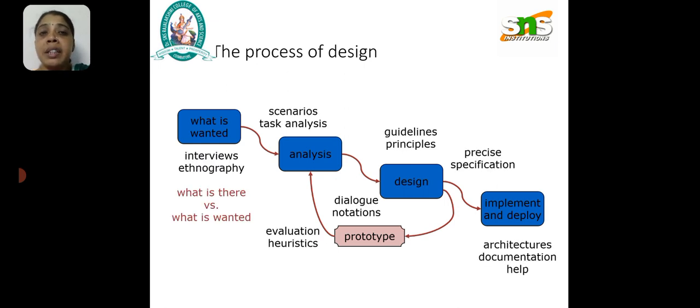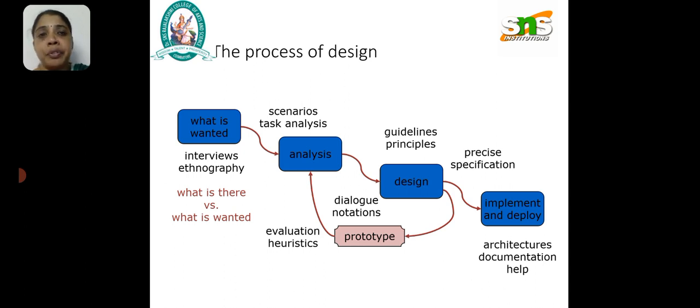Let me consider the methodology: what is wanted, that is, scenarios and task analysis required by the human. What are the scenarios we have to analyze? Before that, what is wanted? Interview, ethnography, what is there versus what is wanted. What is there already? What we want to develop, we have to analyze first. After that, we do task analysis.